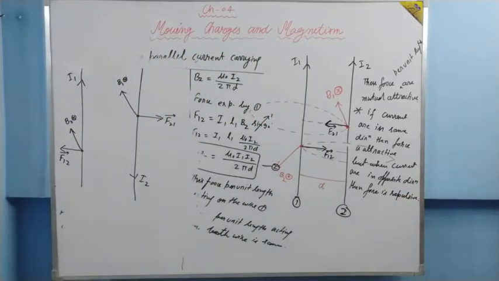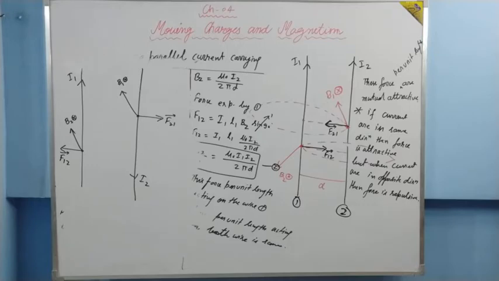So you have to understand this thing, you have to remember this thing, that when the current in both the wires are in the same direction, then the force is attractive. But when the currents are in opposite direction, then the force is repulsive.